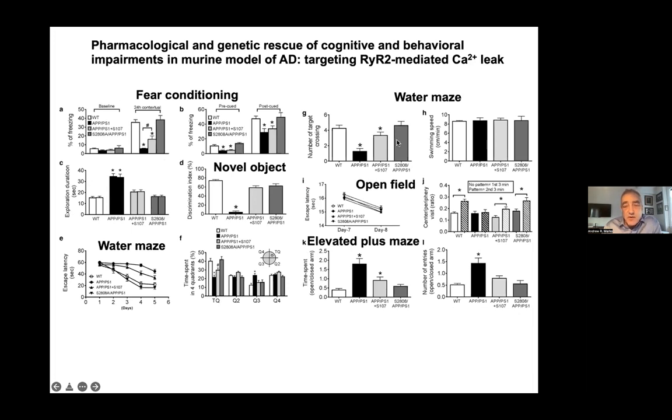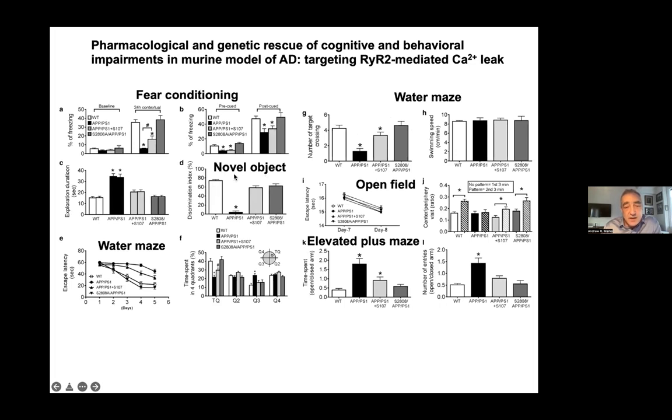Similarly, in a Morris water maze where the mice are tasked with finding a hidden platform, the Alzheimer's mice either don't learn or don't remember where the platform is, and treatment with either a pharmacologic or genetic rescue restored their ability to find the hidden platform.